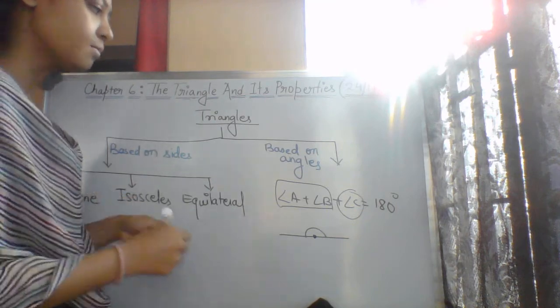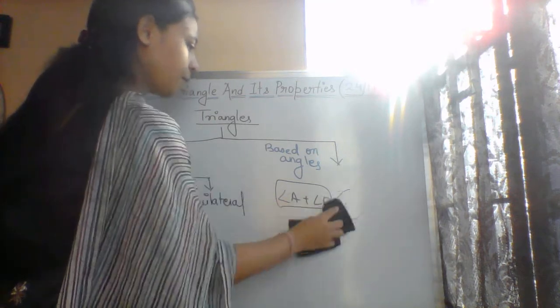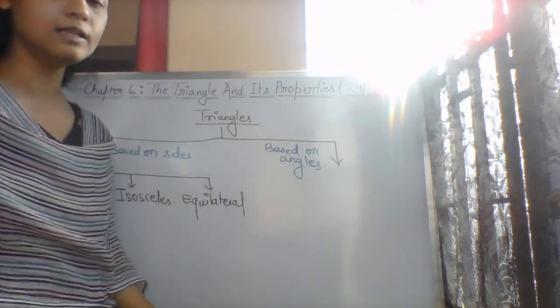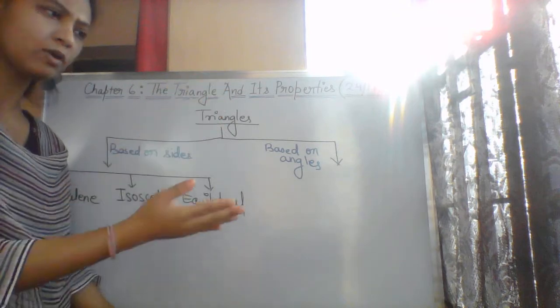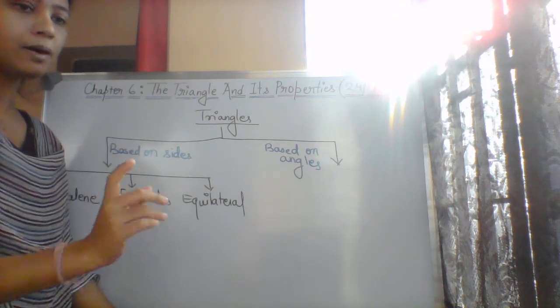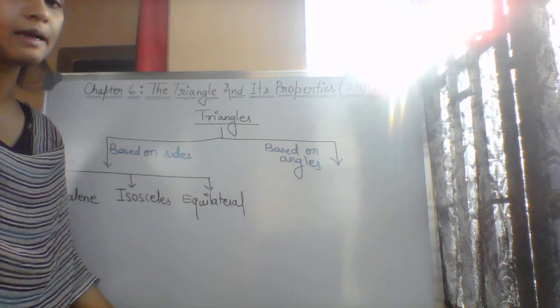So you can give the reason in this way also. Maximum we can vary an angle up to obtuse angle. It can be acute, right angle, then obtuse angle, but we cannot extend it up to 180 degrees, the straight angle.